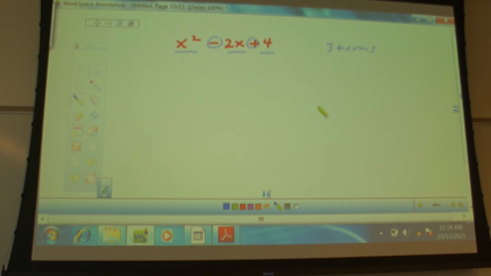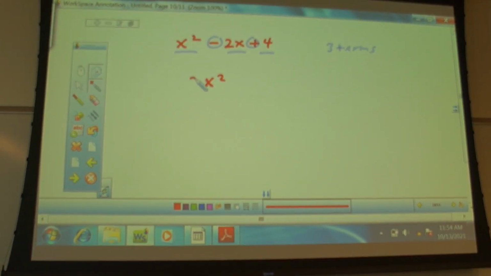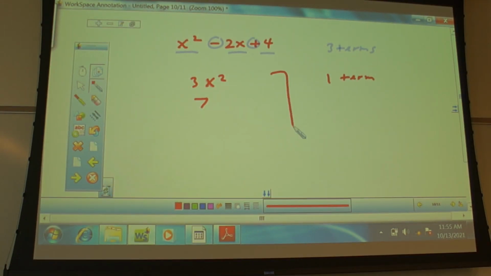How about this one? How many terms is this? 2 terms. Just 1. So this is 1 term. This is also 1 term. This is also 1 term.